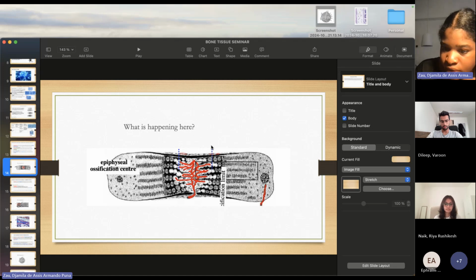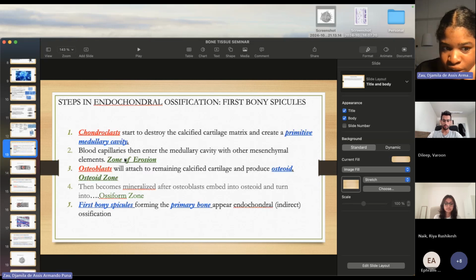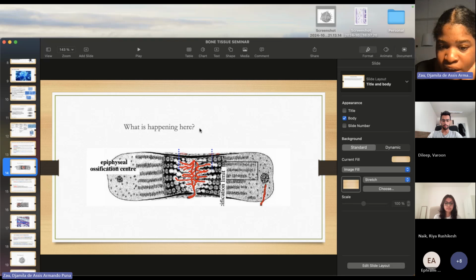And what zone do we call it when we have a primitive cavity and the capillaries are entering? It's the zone of erosion. So this right here, guys, is the zone of erosion. And these capillaries are bringing in osteoblasts.